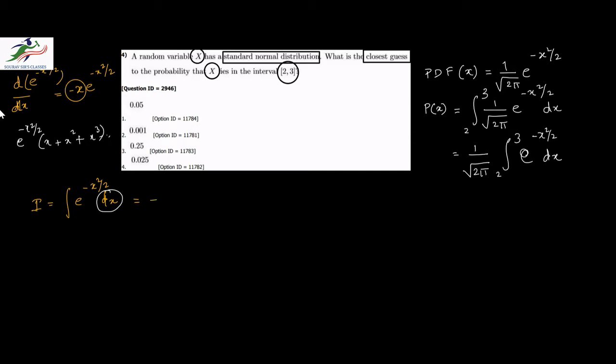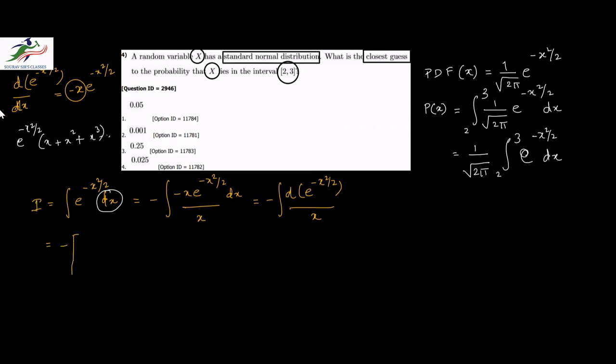So this can be written as minus of integral of minus x e to the power minus x square by 2 dx over x. This can now be integrated in the form minus of d of e to the power minus x square by 2 over x.